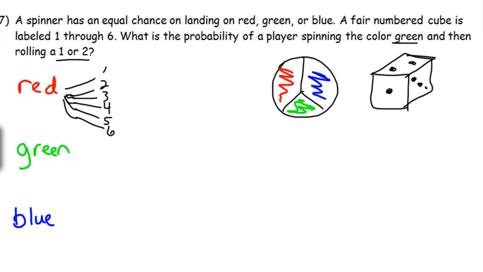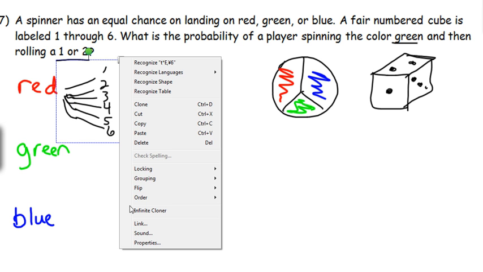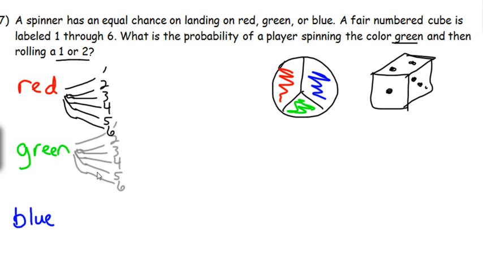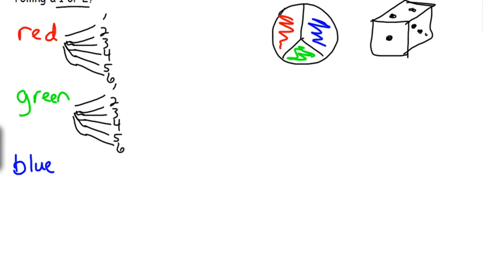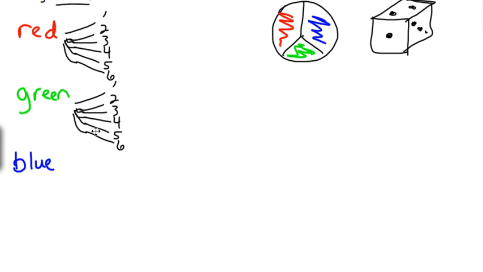And if it landed green the first time, what would still be our outcomes? Well, that wouldn't change. We can still get 1, 2, 3, 4, 5, or 6. And if we got blue, it would still be 1, 2, 3, 4, 5, or 6.